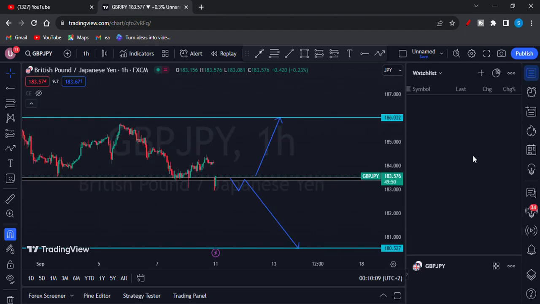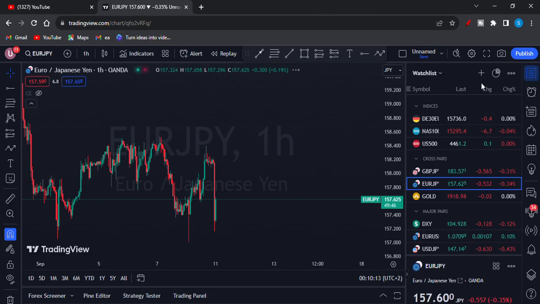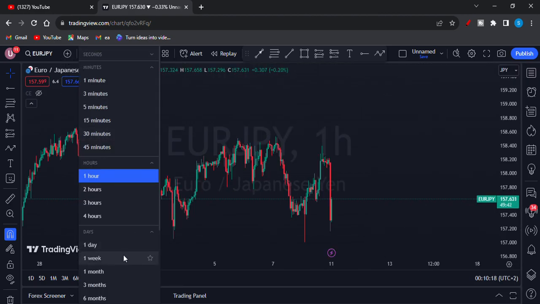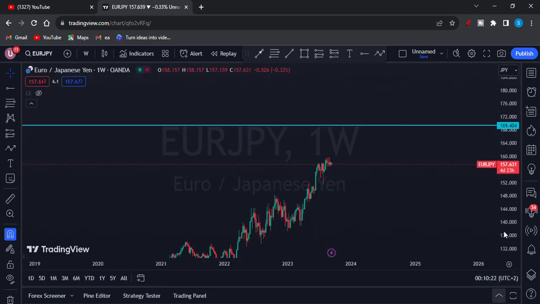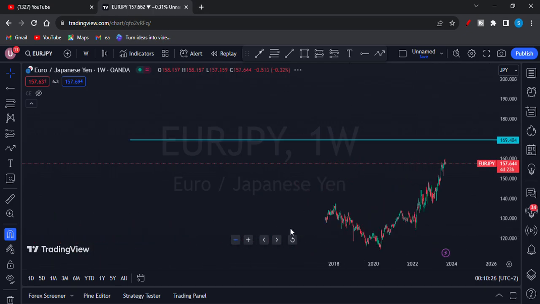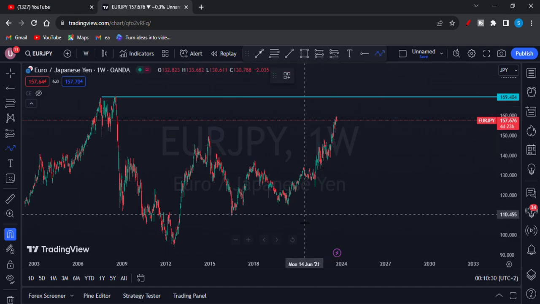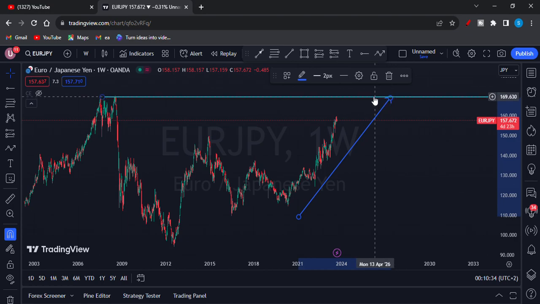Okay, let's analyze EURJPY. And then on a weekly, we are on an uptrend, and it seems like we're heading towards the price right here.